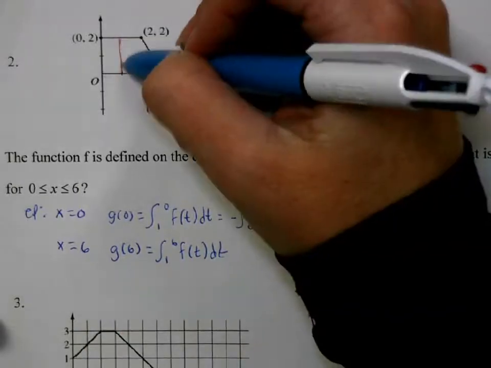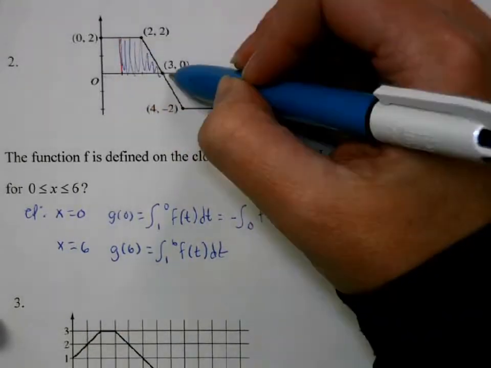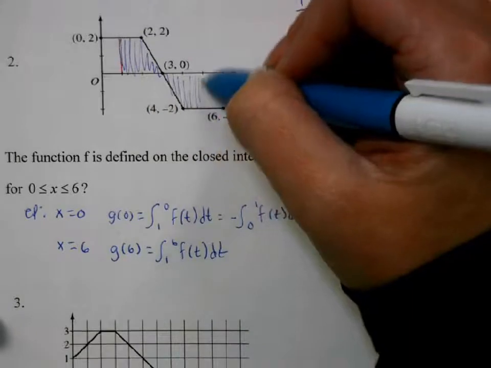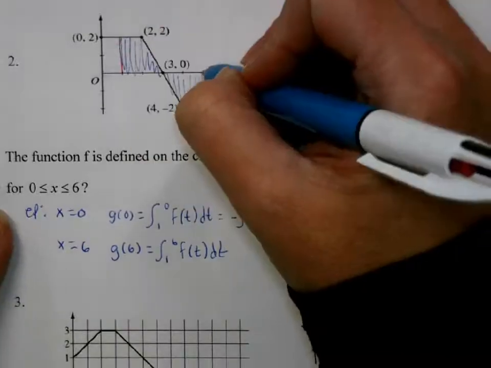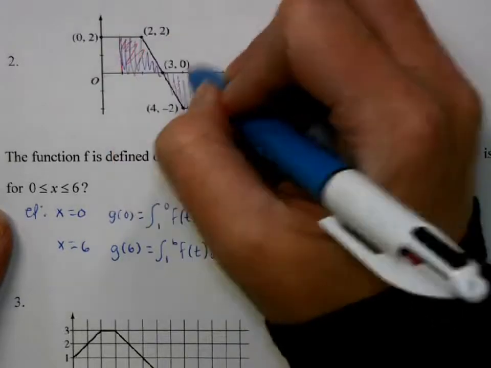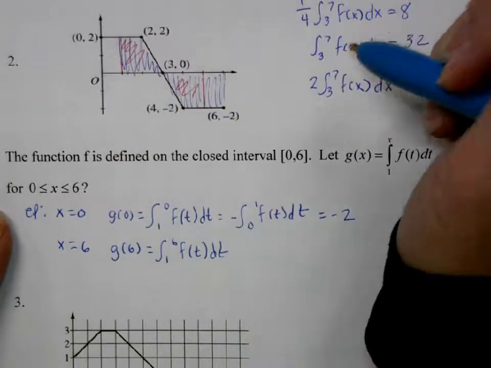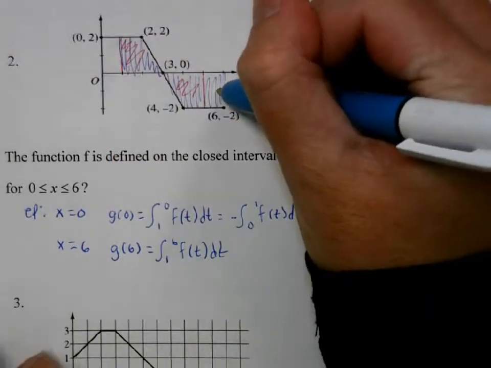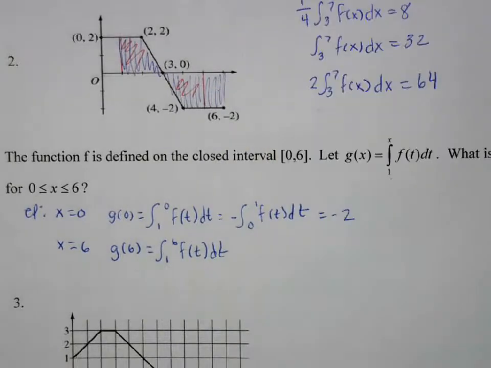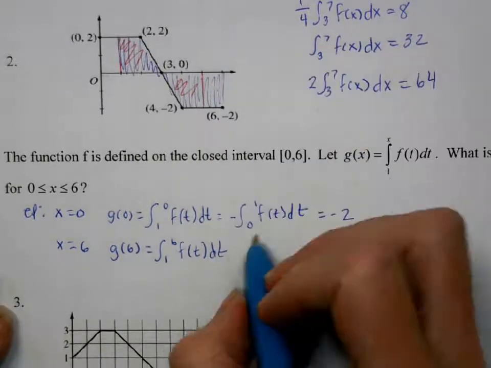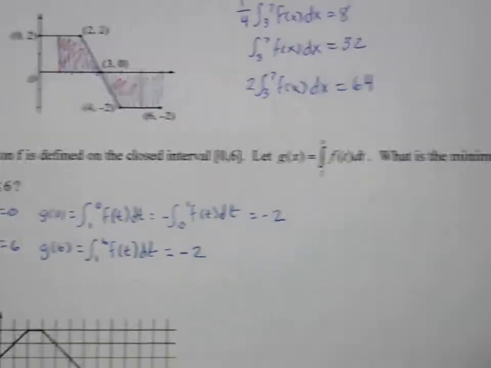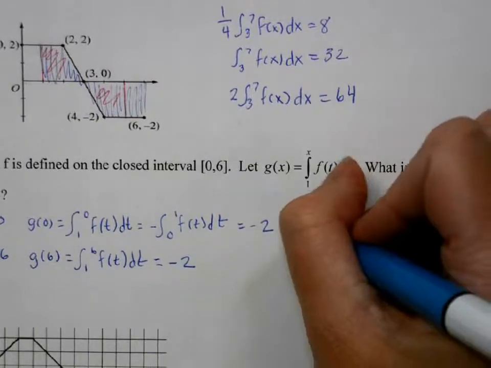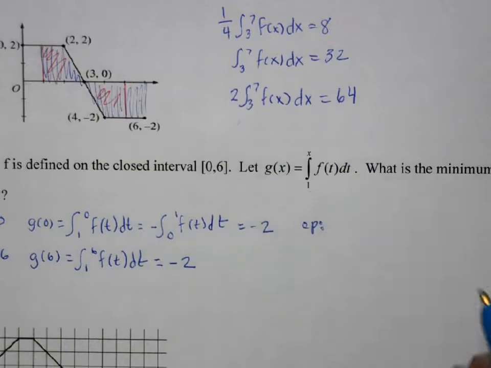So that would be this area, all the way out to 6. Well, this area and that are going to cancel each other out, so that would be 0. So it's just going to be this area, which is below the x-axis, so it's negative, and it's again a rectangle, so negative 2.